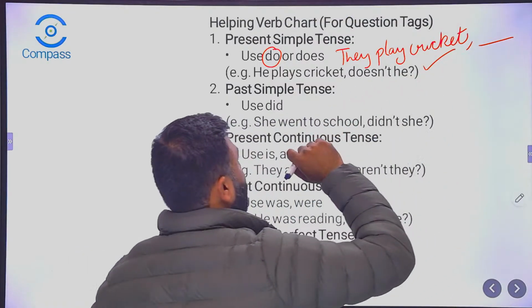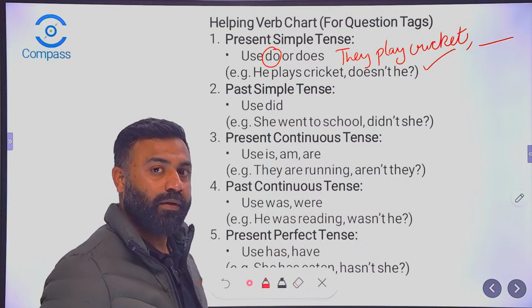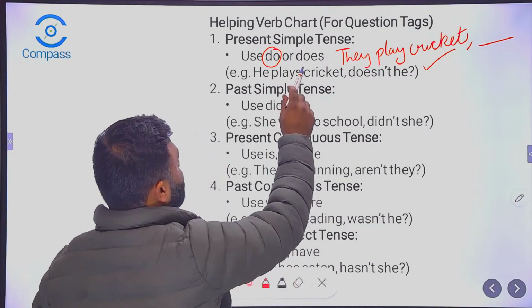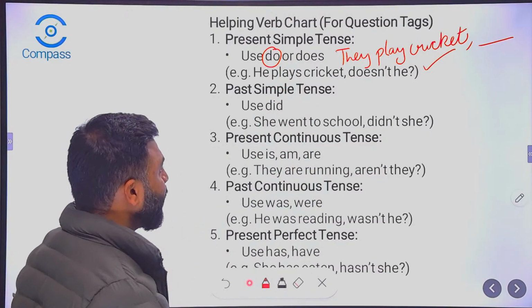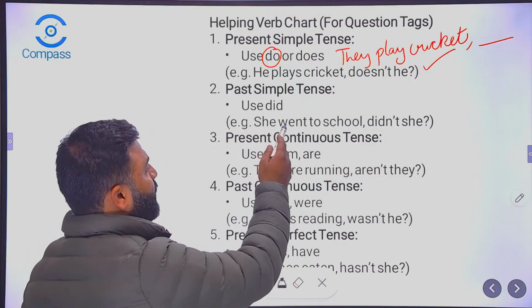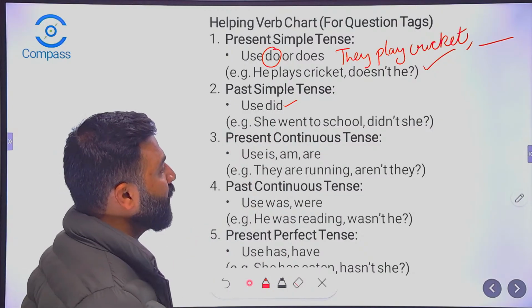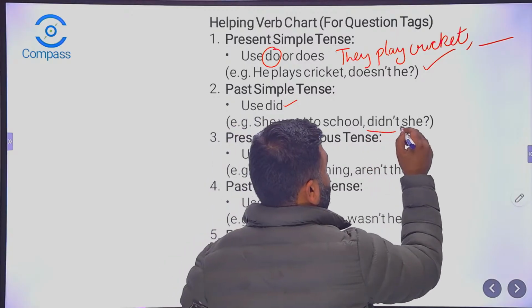What do you think? It's going to be don't they, right? So this is how we use do and does with simple present tense. Second is past simple tense. What do we use? We use did. She went to school, didn't she?